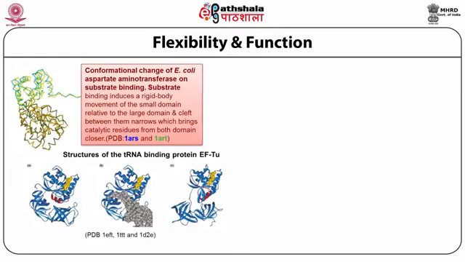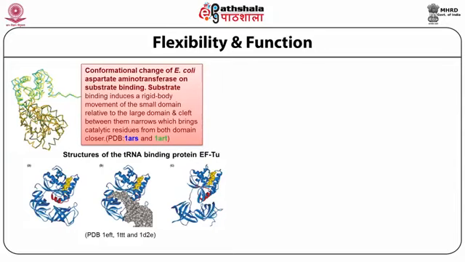This particular protein, E. coli aspartate aminotransferase, actually changes its cleft between the two domains, here the green and here the yellow. You can see these two, and this cleft between them narrows, and that's why the catalytic residues come near to each other. This is very important for function, hence open structure and closed structures are both shown here.